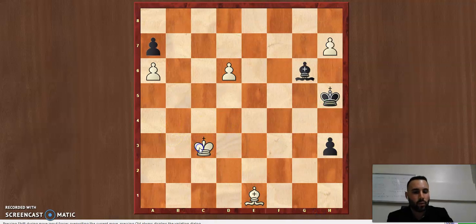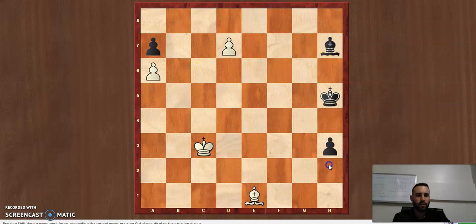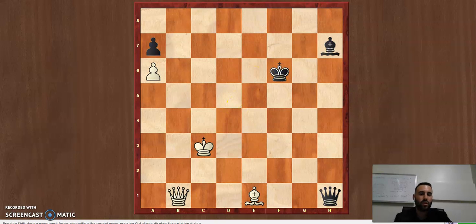If the king goes to c3, after the next few moves, check, king g6, queen b1 check, and suddenly king f6, and we don't have the move bishop c3 check, the discover check to win the queen.